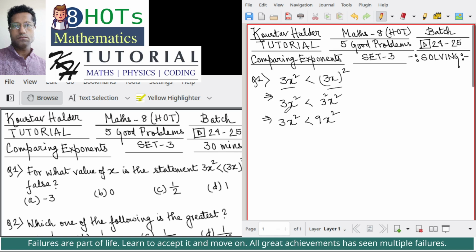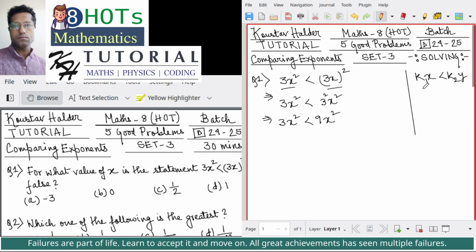Now in any inequality relation, in any inequation, if you have any inequality of the form, let's say k1x is less than k2y, where x and y are some variables and k1 and k2 are constants, then I can divide both the LHS and RHS by the same non-zero constant.